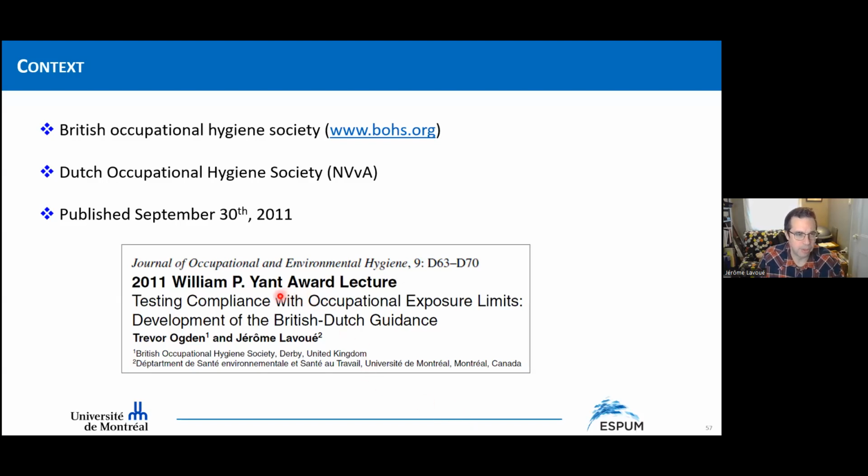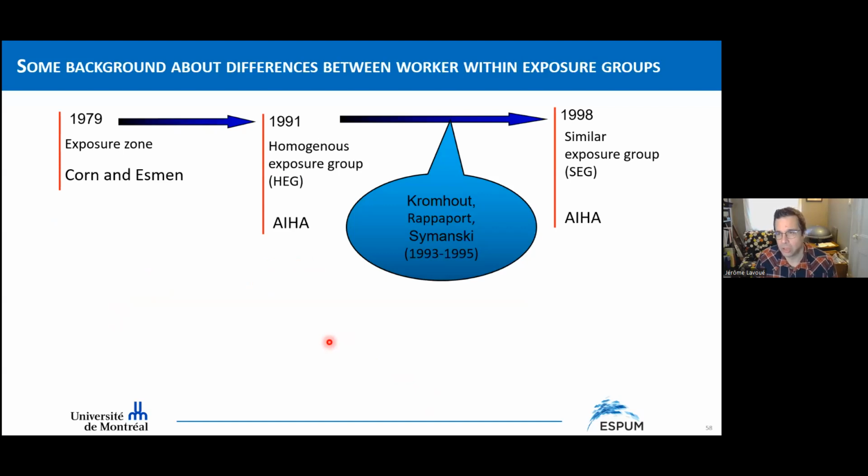I happened to appear on a paper describing its content, but really just because Trevor Ogden, then the head of the British Occupational Hygiene Society, needed some statistics calculated, and he asked my help. I really did very little apart from that, so I don't deserve the presence in that paper. But that recommendation is very interesting because it addresses a very important question, the notion of the homogeneity of our exposure groups.